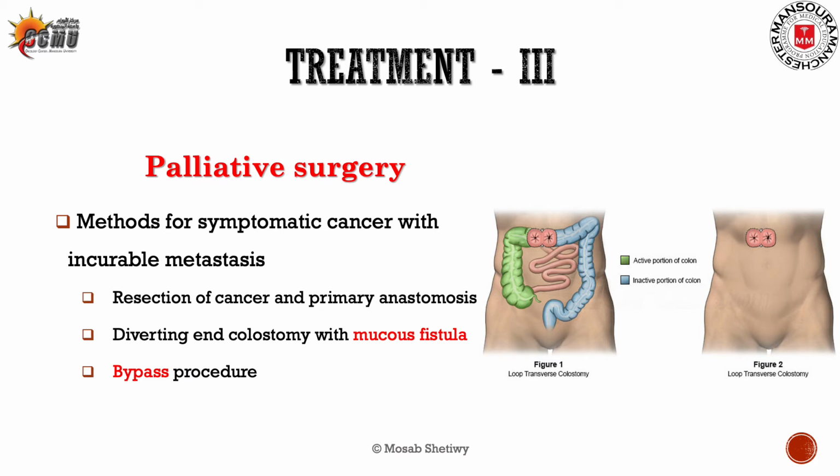A bypass procedure, for example, if the patient has an obstructing left colon cancer that's unresectable and the patient is metastatic already, would be a bypass between the ileum and the distal part of the sigmoid, for example, to bypass the obstruction, which is unresectable, or the patient wouldn't tolerate such a major surgery. So just a bypass procedure may be sufficient. This will also be discussed in the lecture on complicated colon cancer.